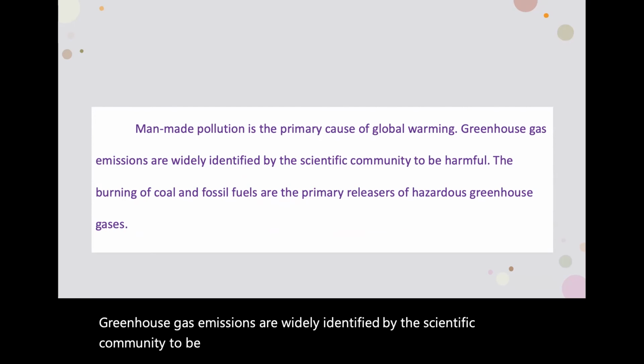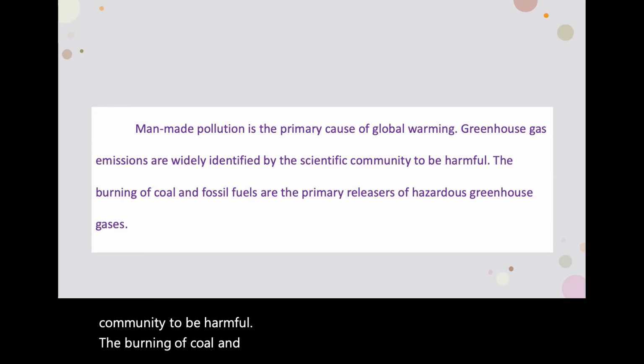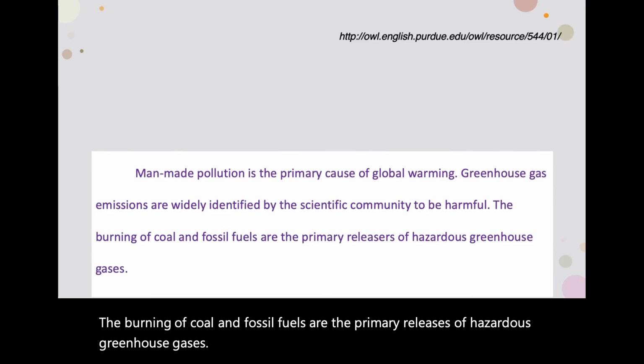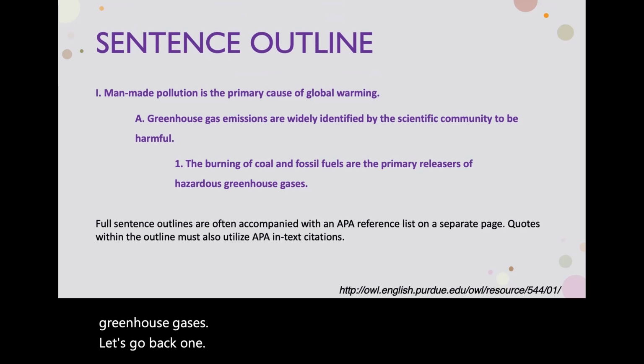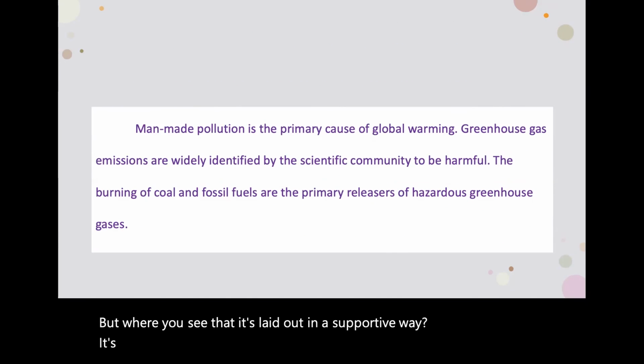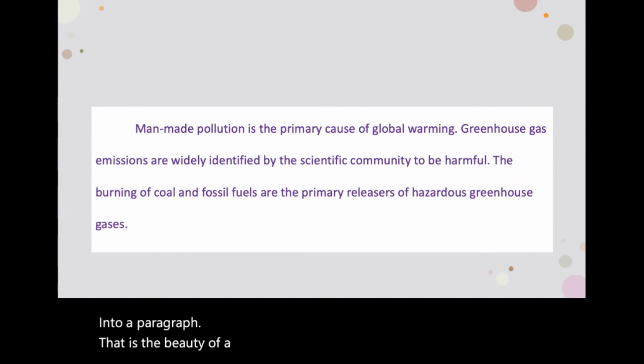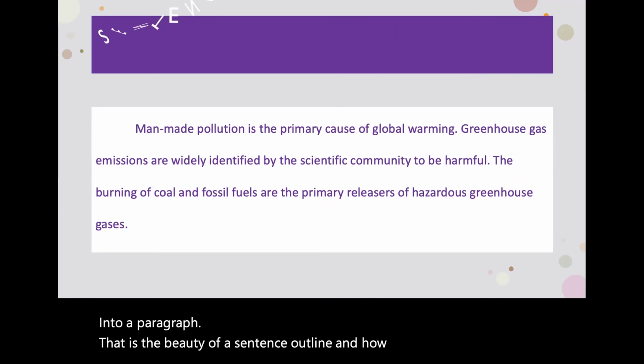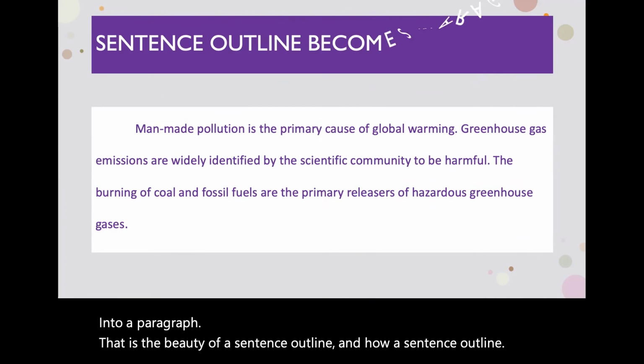The burning of coal and fossil fuels are the primary releasers of hazardous greenhouse gases. Let's go back one. The same information, but where you see that it's laid out in a supportive way, it's now combined into a paragraph. That is the beauty of a sentence outline and how a sentence outline becomes a paragraph.